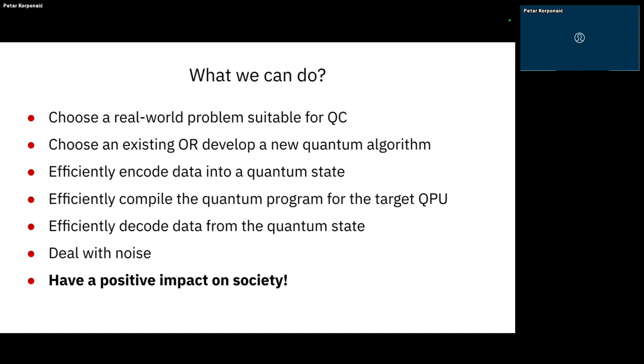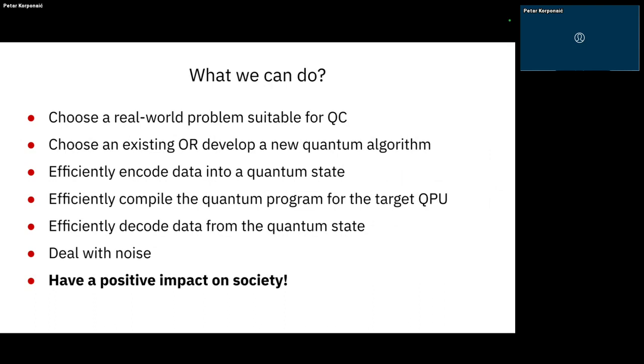This experiment is useful because it shows that quantum computers are able to do something faster than a classical computer, but that problem itself is not useful to anyone. So nobody will give you money for solving that problem. It is a very abstract problem, and we need to find a real world problem that we can solve, which is suitable for a quantum computer.